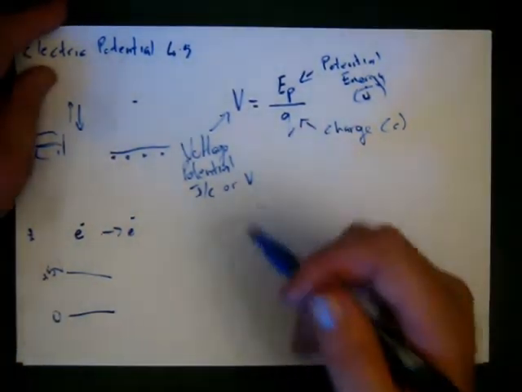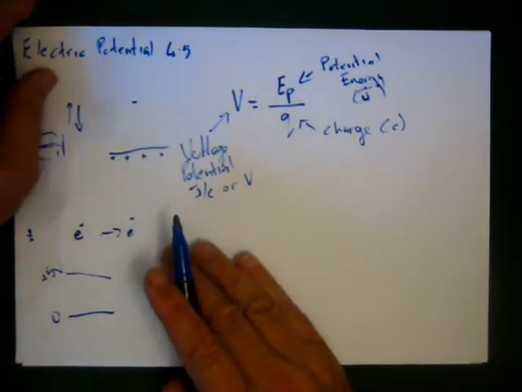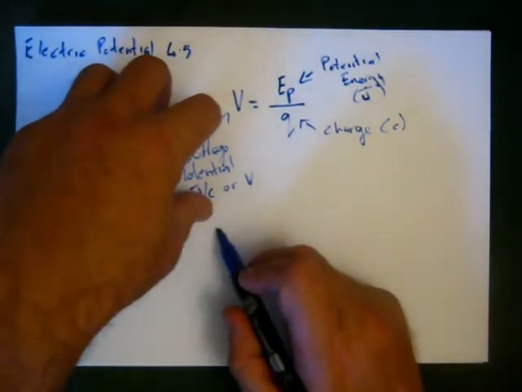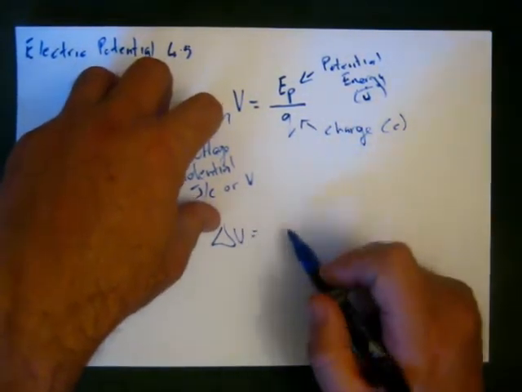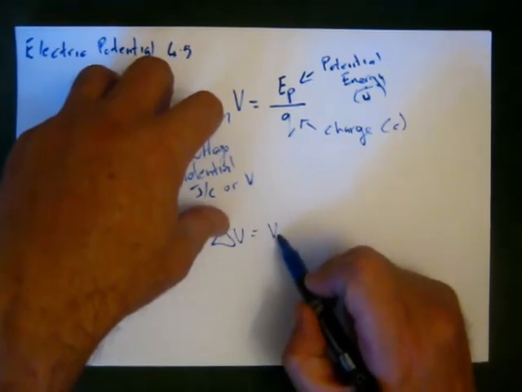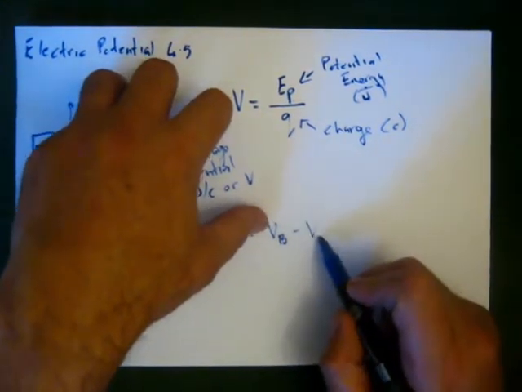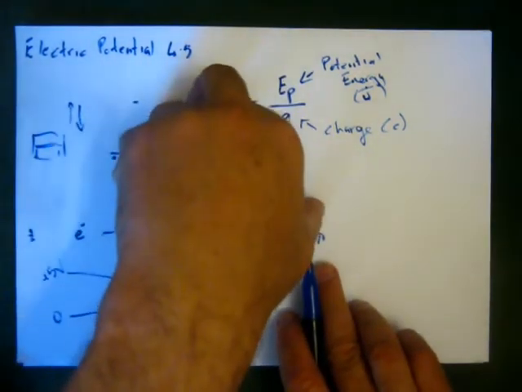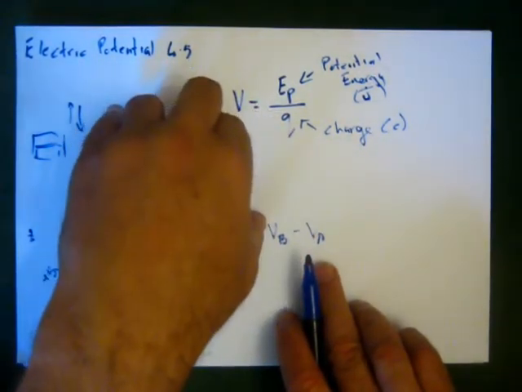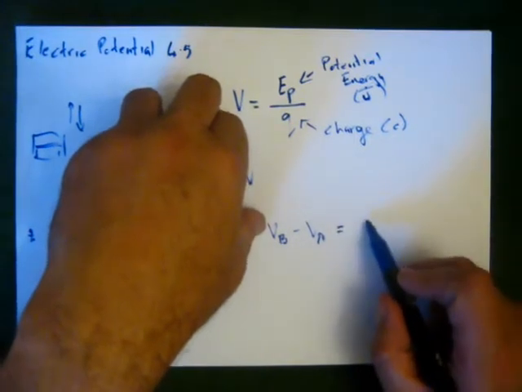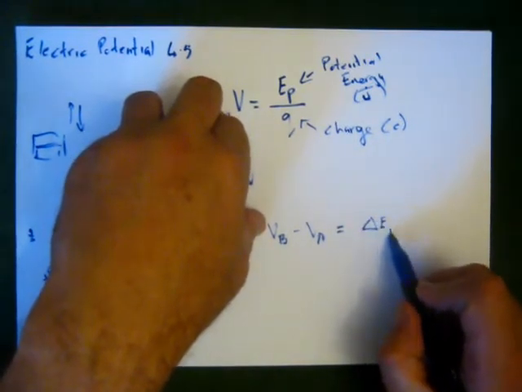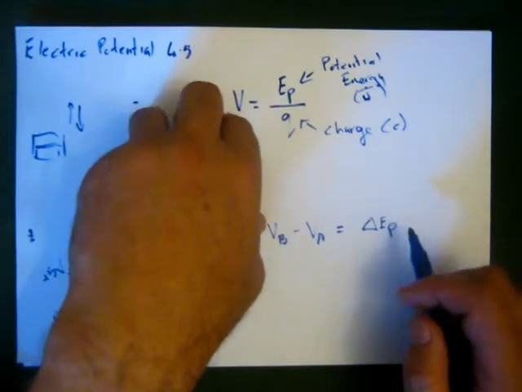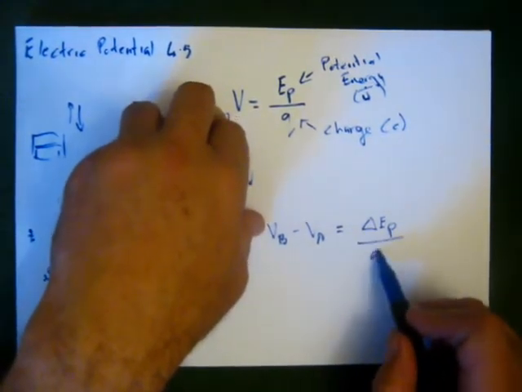So the basic concept is that the change in voltage, when you shift a charge from one position to another, is the change in potential energy over whatever the charge is.